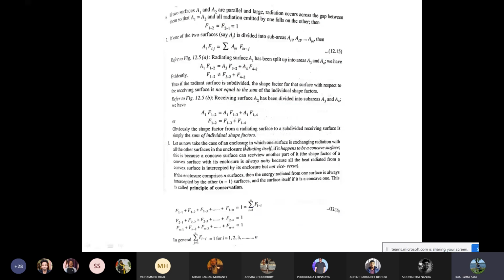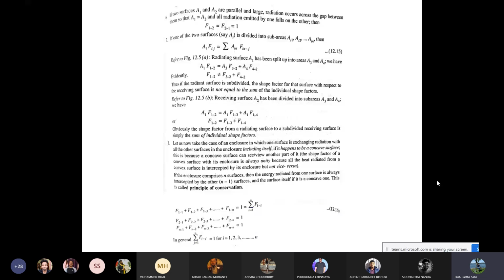Let us take the case of an enclosure in which one surface is exchanging radiation with all other surfaces in the enclosure, including itself. If it happens to be a concave surface, a concave surface can see another part of itself. The shape factor of a convex surface with respect to its enclosure is always unity, because all the heat radiated from a convex surface is intercepted by the enclosure.